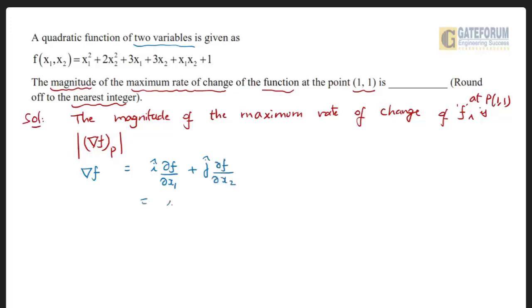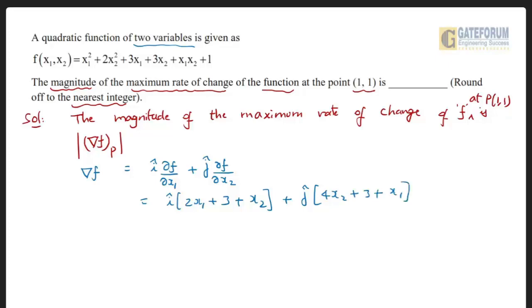So this is equal to i cap partial derivative of f with respect to x1: here 2x1, and here 0, this is 3 and this is 0. For x1x2, derivative with respect to x1 means x2 constant, so derivative is x2, and 1 derivative 0. Plus j cap with respect to x2 partially: x1 square 0, 3x1 0, 1 0, remaining 2x2 square derivative is 4x2, plus 3x2 derivative 3, plus x1x2 derivative is x1.